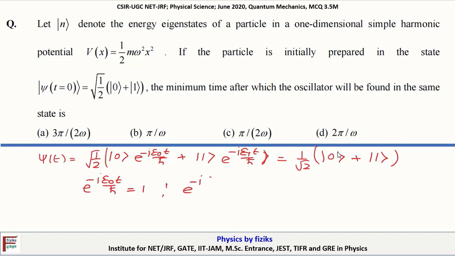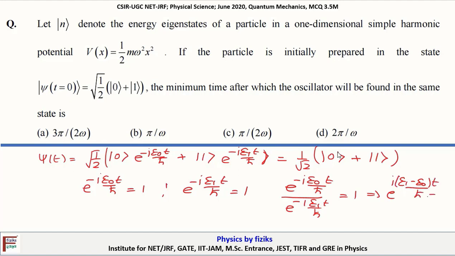Similarly, e to the power minus i E1 t by h cut is equal to 1. We divide 1 by 2. That means e to the power minus i E0 t by h cut divided by e to the power minus i E1 t by h cut is equal to 1, which implies e to the power i (E1 minus E0) t by h cut is equal to 1.